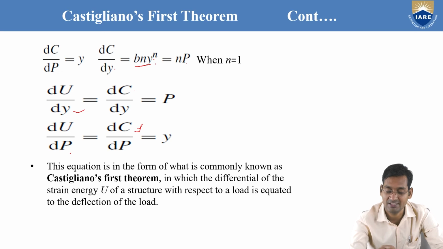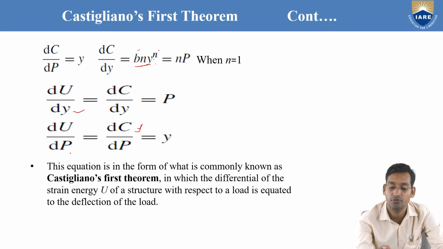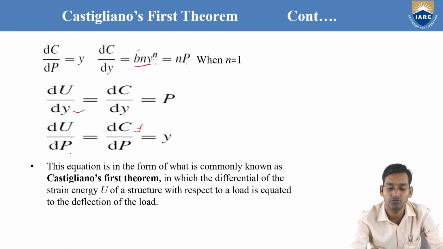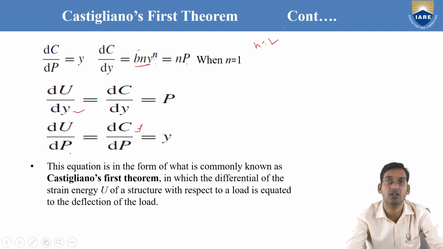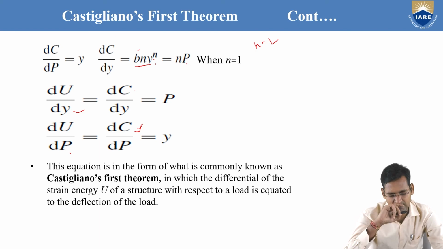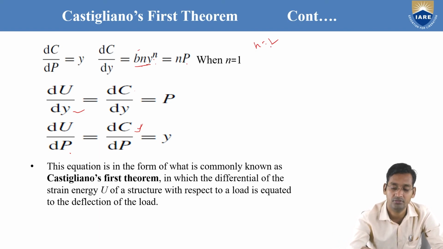So dc by dy is b n y to the power n, that equals n p, because we assumed b y to the power n as 1. So when n is 1, this becomes equal to p y, because n equals 1 for the linear one, and we are considering the Castigliano theorem for the linear one.